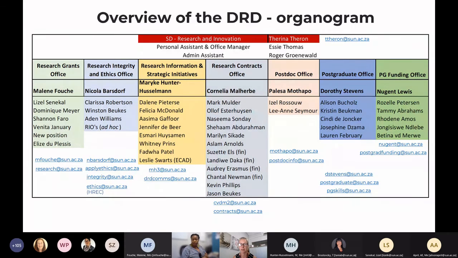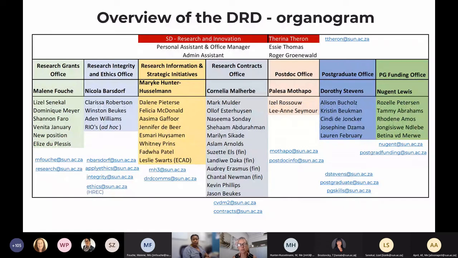And that's one thing that I've now formally written into my own work agreement this year, to look at the capacity in the postdoc office and increase it. Isel and Leanne are assisting with international and with national postdocs. And then there are a number of other services that we provide for our postdocs, apart from the fellowship management and the payments and the registrations, like capacity development, skills development opportunities, the postdoctoral conference, etc.